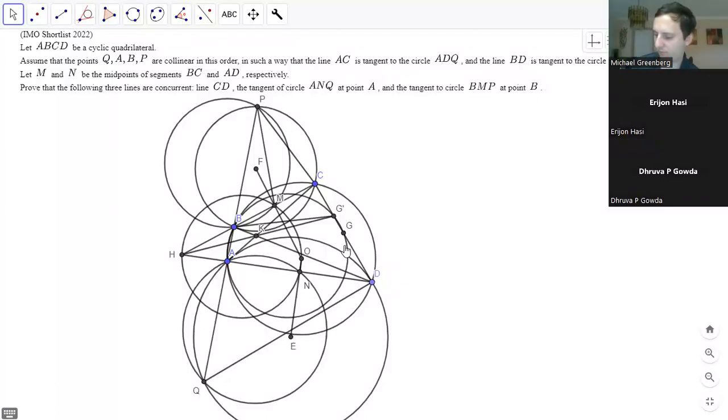Okay, so in the end, we want to show that G prime B is tangent to this circle. Is that right? So we want to show, to BMP.